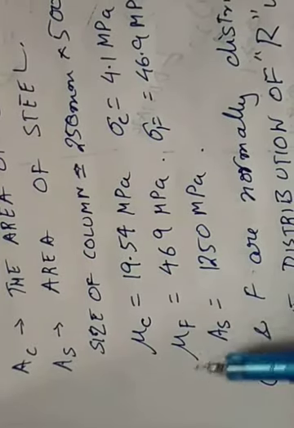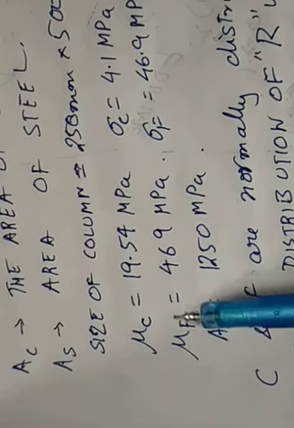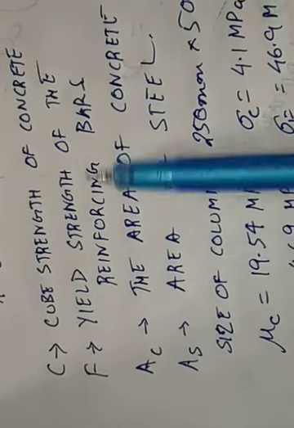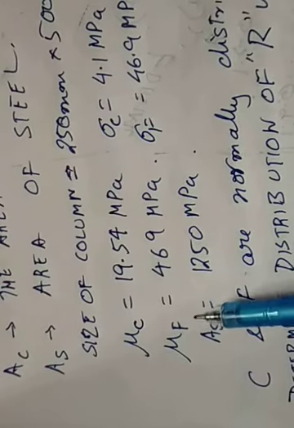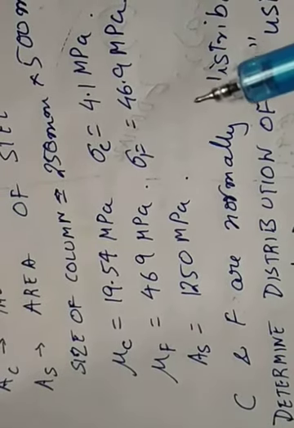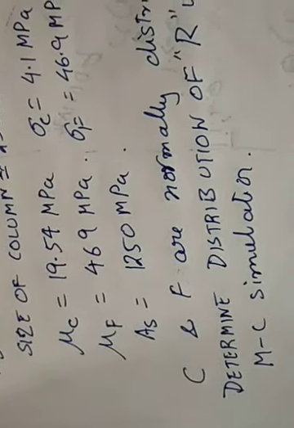Mu F is the mean yield strength of the steel, since F is the yield strength of the reinforcing bars. Sigma F, the standard deviation, is 46.9 MPa, and AS, the area of the steel, is given as 1250 mm squared.